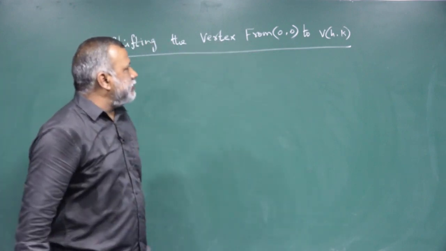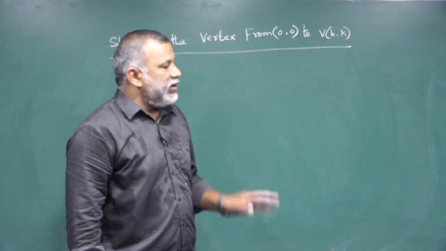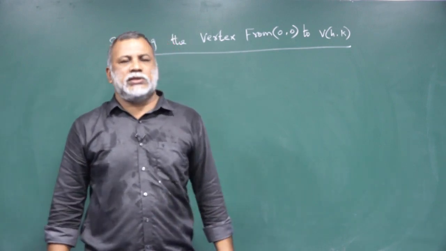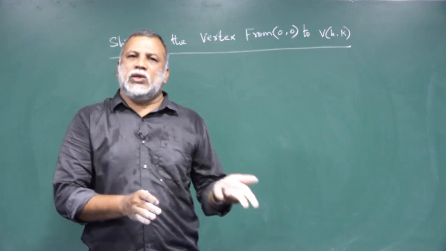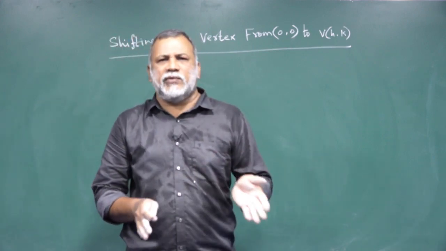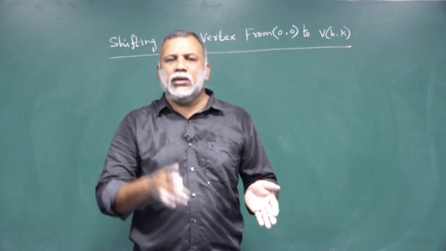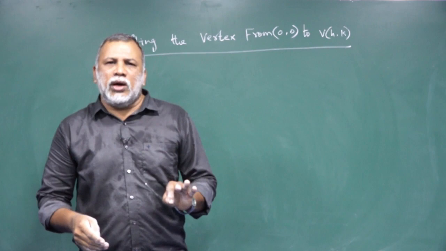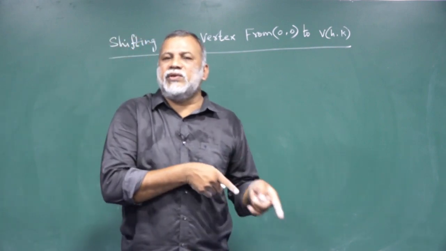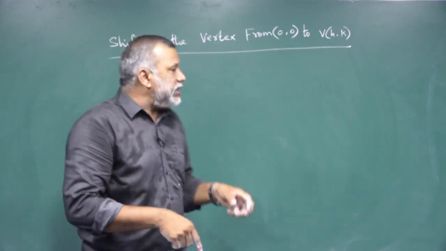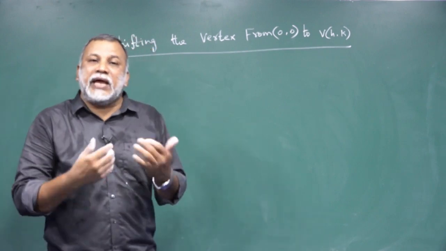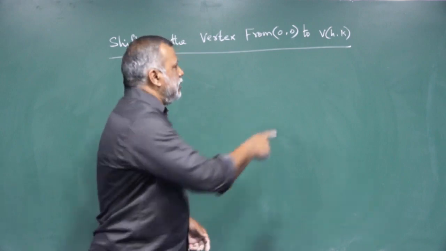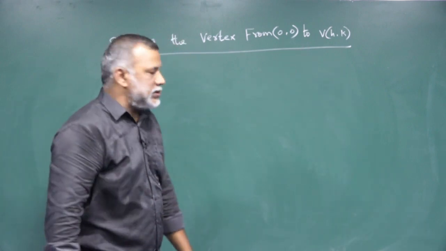Now in general, for all the 4 types, vertex is common, that is V(0, 0), the point of intersection of the parabola and the axis of the parabola. That means all the parabolas pass through the vertex (0, 0). In general, vertex is (0, 0). But sometimes, the vertex shifts from (0, 0) to some other place, V(h, k). That is a new concept.